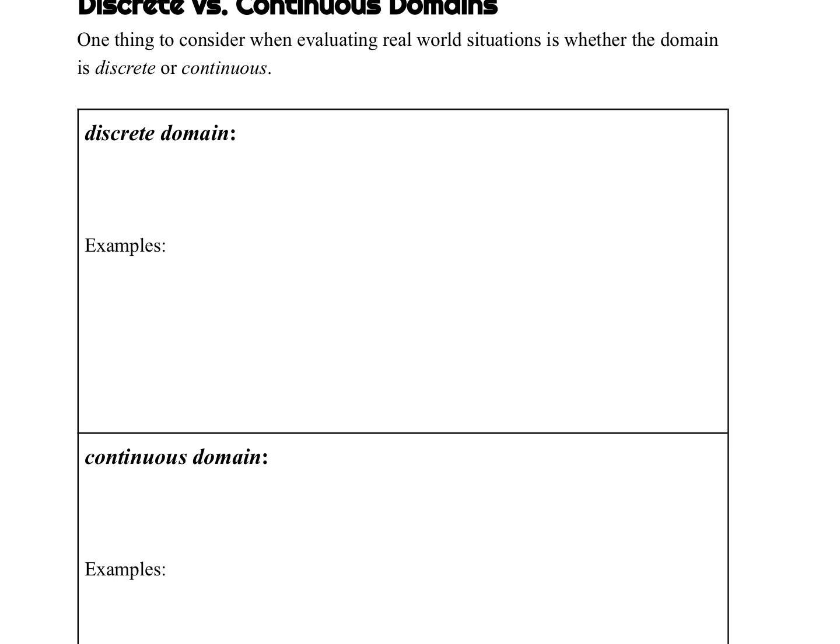A discrete domain is when only specific values have meaning. So, for example, that would be things like if you were inputting number of shoes.